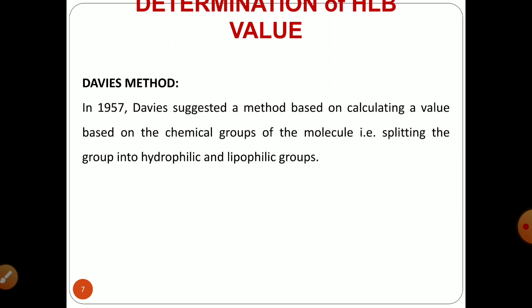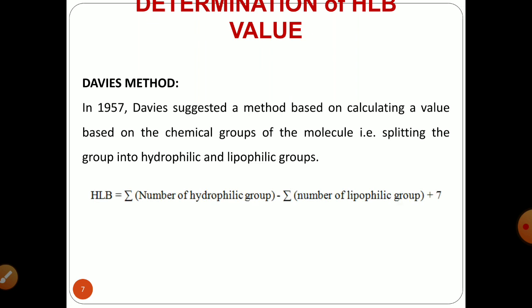That is, if you split the groups of the molecule, you split them into hydrophilic groups and lipophilic groups. Based on the number of groups, whether hydrophilic or lipophilic, Davies suggested that you can assign a number to the surfactant which will be indicative of its hydrophilic lipophilic balance.